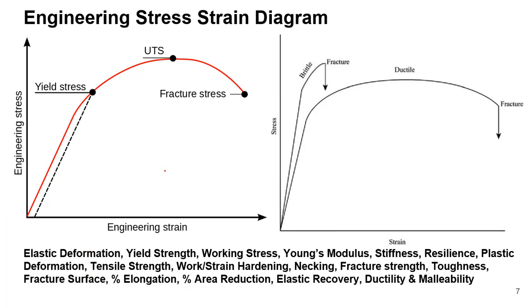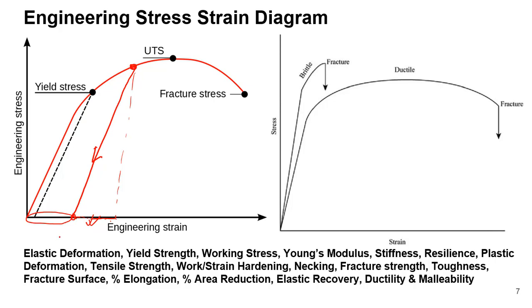It means that in the plastic region, let us consider this location, if you unload, the unloading line will follow this particular line, and we have already seen that some amount of elastic recovery, this amount, will take place, but this amount of plastic deformation is still there.